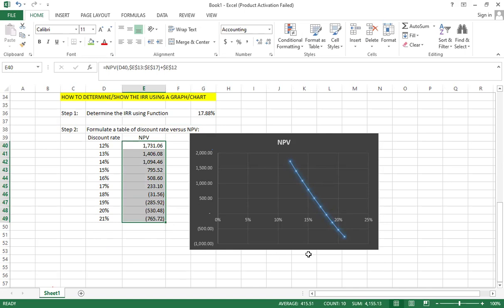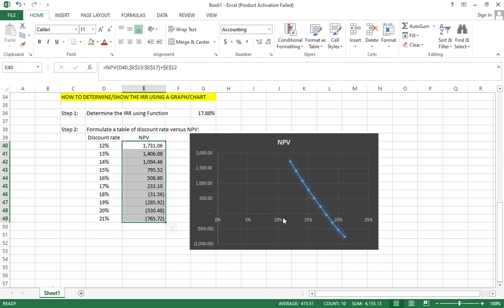So we are going to be checking at what point we have an NPV of 0. The NPV line is 0 at the point it meets the x-axis. The x-axis is where you have this 0 here.